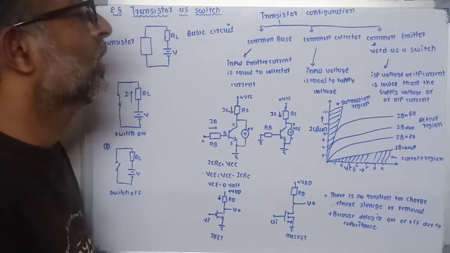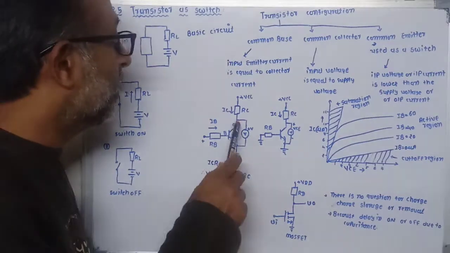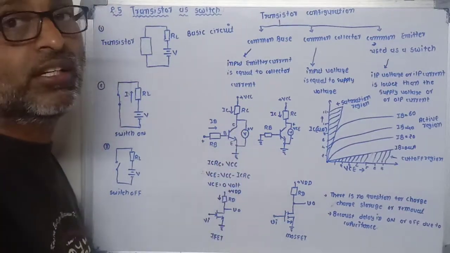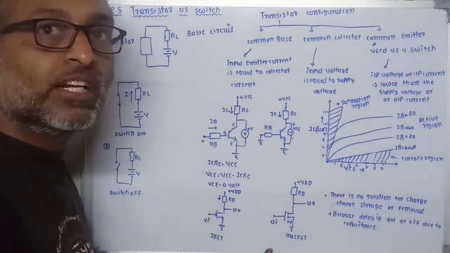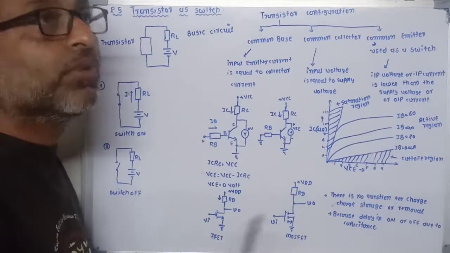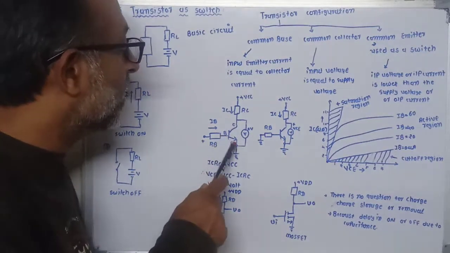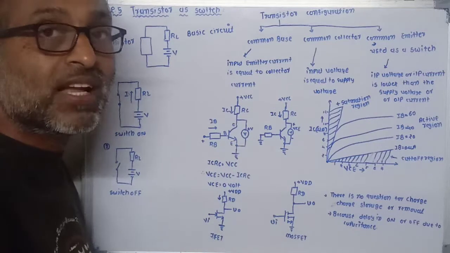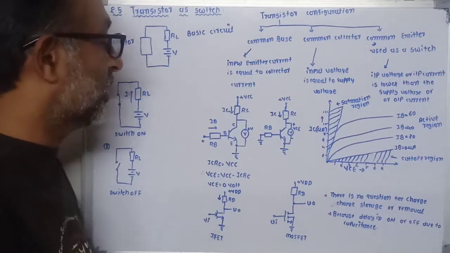Now here we are taking one NPN type transistor, and the base of this transistor is connected to the forward positive supply voltage. So you can say that the base and emitter junction becomes forward biased, and it will turn on the transistor.